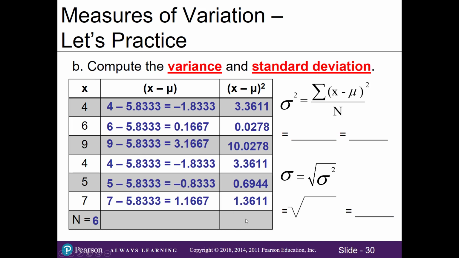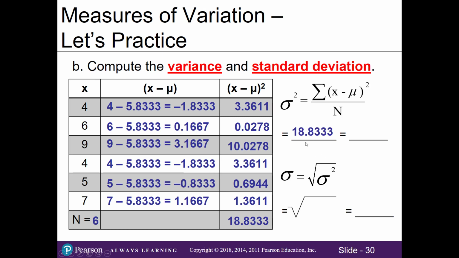Now, the next step we have to do, according to this formula right here, is to sum or add everything up. So we'll go ahead and add up all of these numbers right here, and I get 18.8333. And then for our big N, that was over here, that's our 6, we're going to take our summation right here and divide it by our population size.